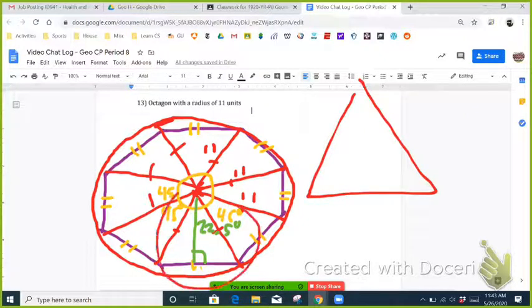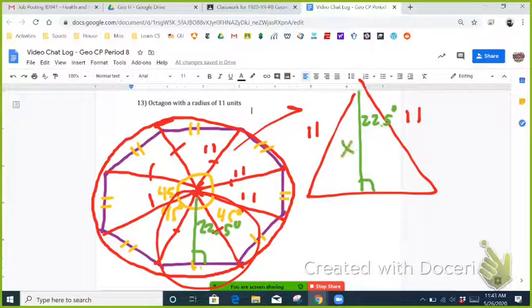These sides are 11, and I've got the height here, which gives me this angle, which is 22.5. If I call this side X and this part Y and that part Y, then the base of the triangle is going to be 2Y, Y plus Y, and the height is going to be X.